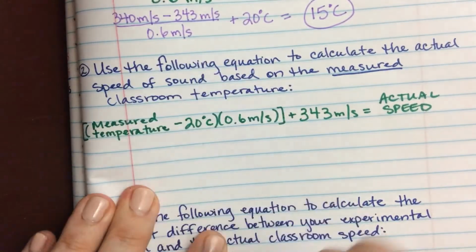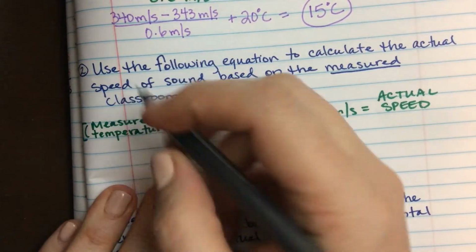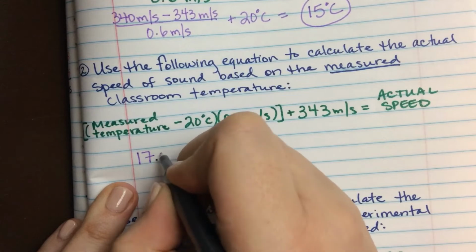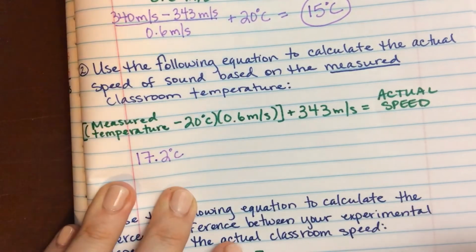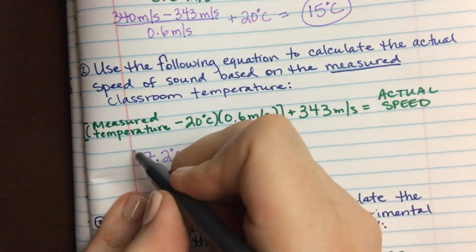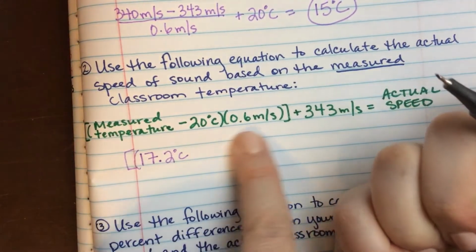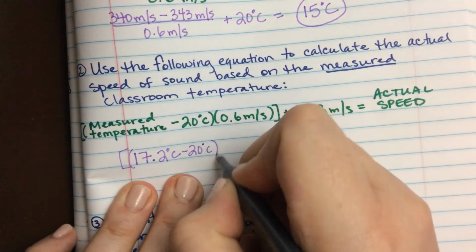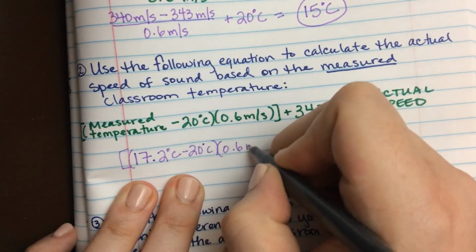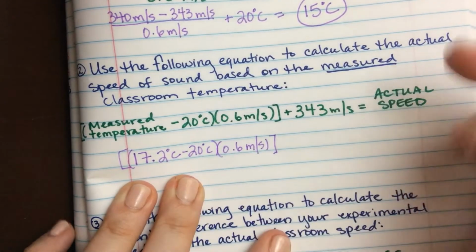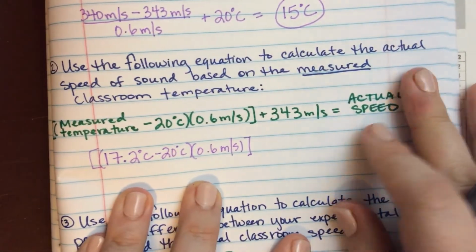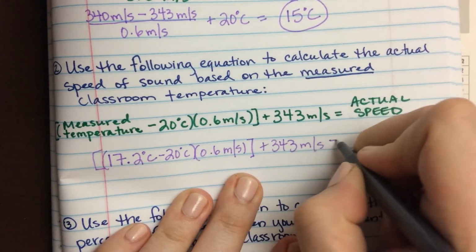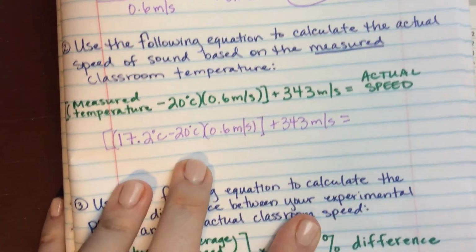I'm going to say that the temperature in the room I'm in right now is 17.2 degrees Celsius, because it's a rather chilly room. I'm going to plug that into the rest of this equation, and again, you should be doing the same with the data you have gathered from your lab. Then we'll plug that into the calculator.